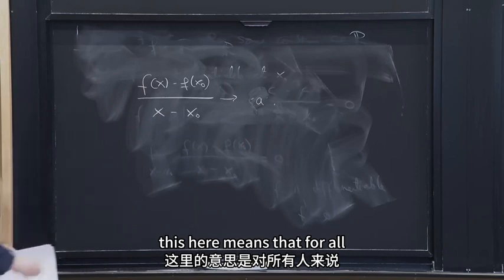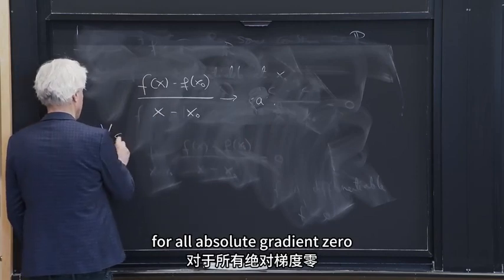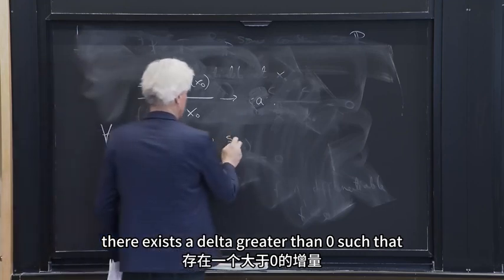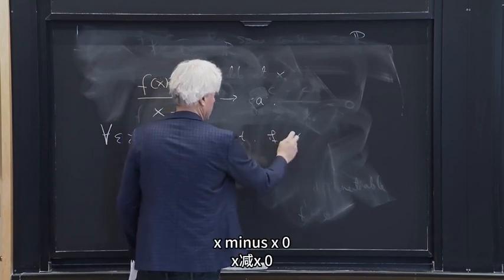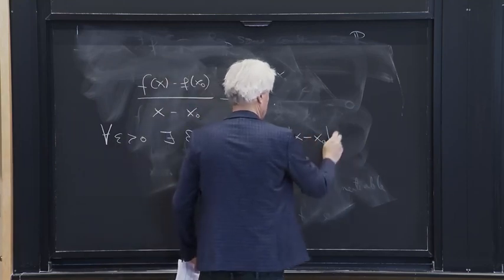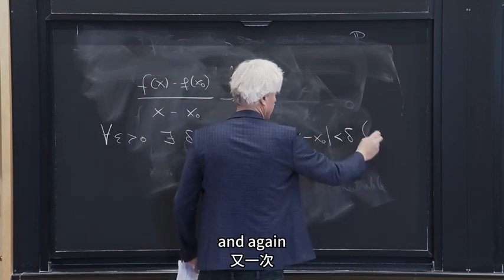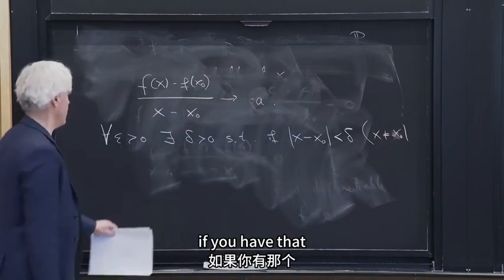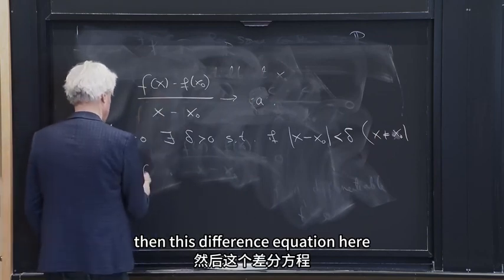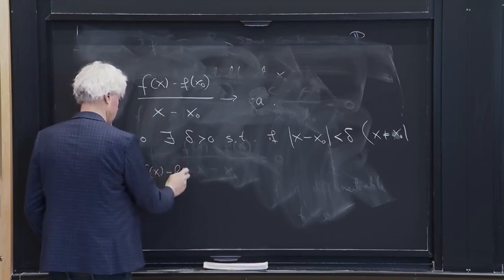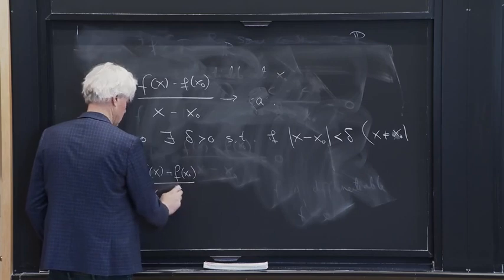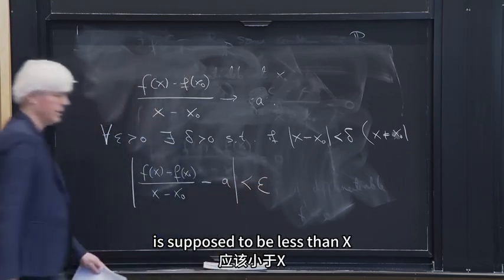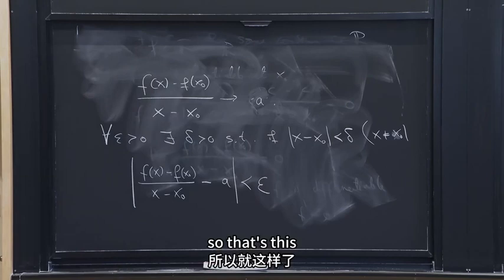This here means that for all epsilon greater than 0, there exists a delta greater than 0, such that if x minus x0 is less than delta, and again, x is assumed to be different from x0, if you have that, then this difference quotient here minus this a is supposed to be less than epsilon. And so that's this.